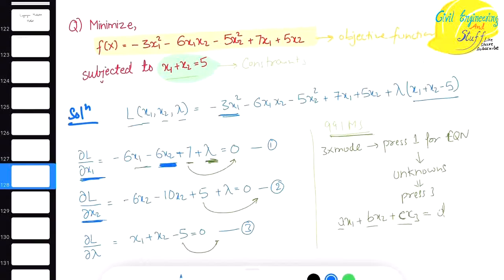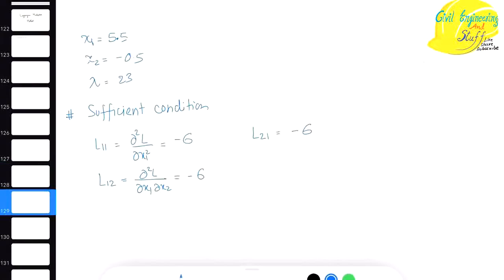We have already differentiated with respect to x2, so we are going to differentiate equation number 2 with respect to x1. This is minus 6 x1, so the value will be minus 6.